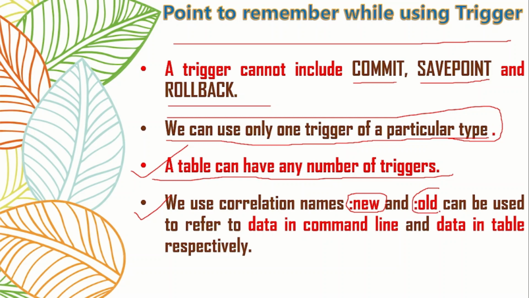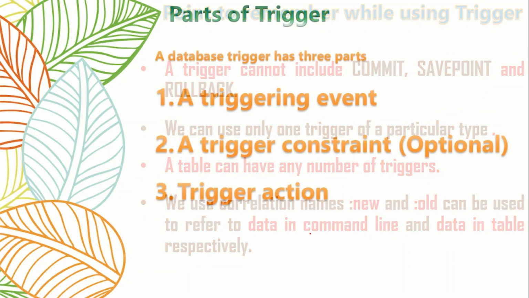If you want to know the difference, in that case you need access to new, which is coming to the database, and old, which is already data in the database for a particular record. They can be used to refer to data on the command line, meaning the data which the user is going to enter, and the data inside the table respectively. Any trigger which is a row trigger will have access to both correlation names.